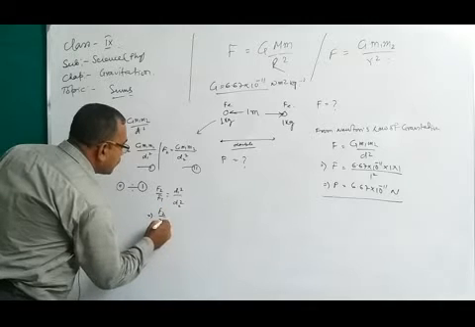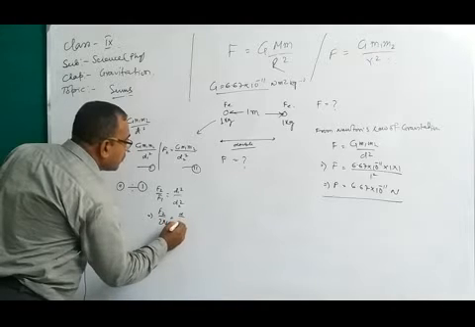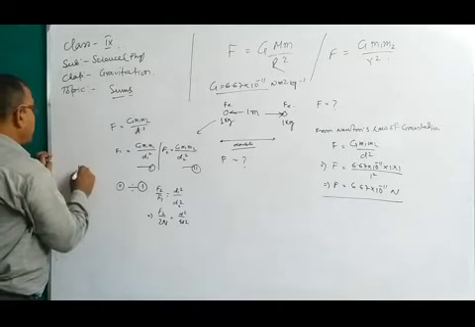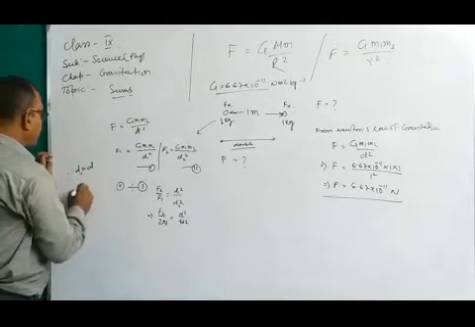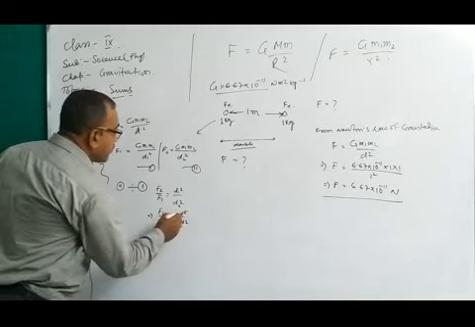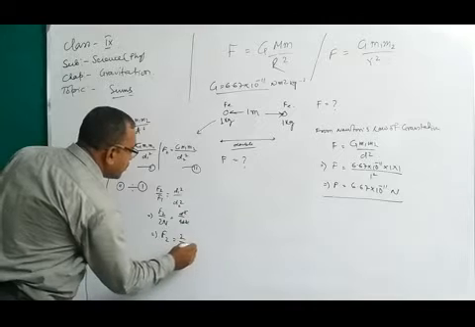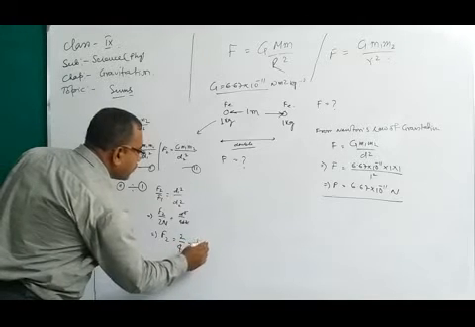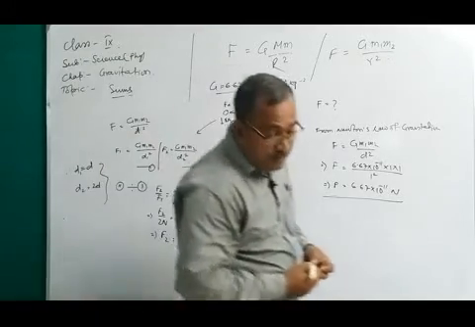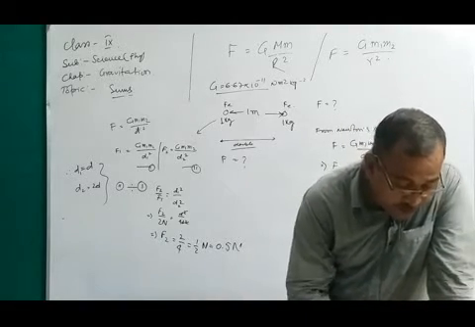You put this value, 2 Newton, d1 equal to d, d2 equal to 2d, double. So 4d square, d square cancel each other. So F2 equal to 2 by 4, so half Newton, that is equal to 0.5 Newton. F2 equal to 0.5 Newton. So this type of questions you try to complete.